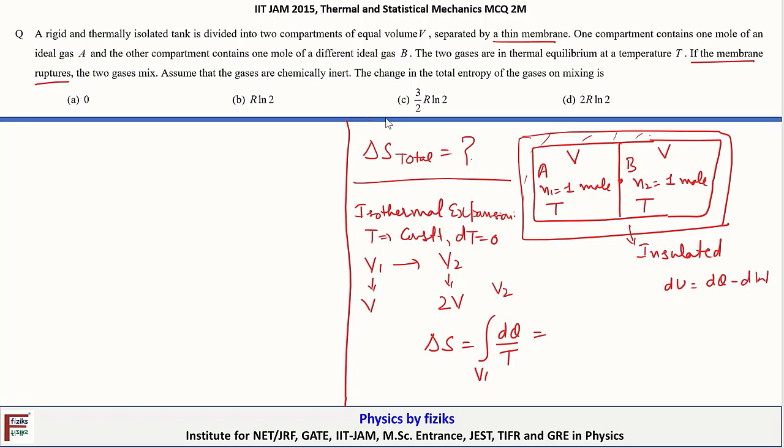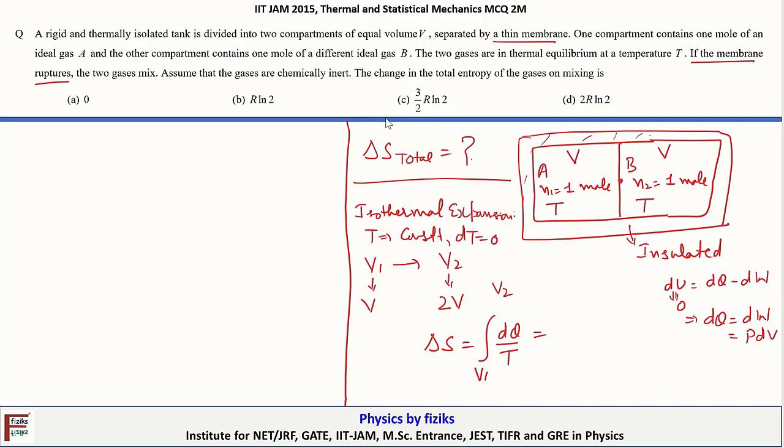For an isothermal expansion, dU will be 0 because it's an ideal gas. For an ideal gas, if temperature is not changing, then dU will be 0 because the internal energy of an ideal gas is purely kinetic in nature. So we can equate dq equal to dw, which is equal to p dV. Therefore we will make use of this equivalence between dq and p dV, or the work done.